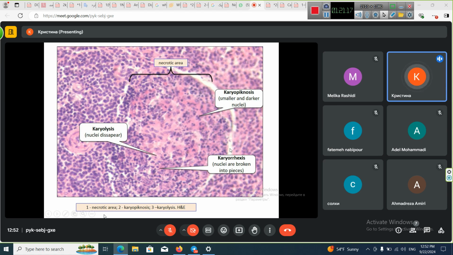This is karyorrhexis. And finally, karyolysis is the area where you do not see any cell nuclei now, because all of them disappeared as a result of karyolysis. So here you see the digesting pieces of the nuclei. Nuclei disappear.